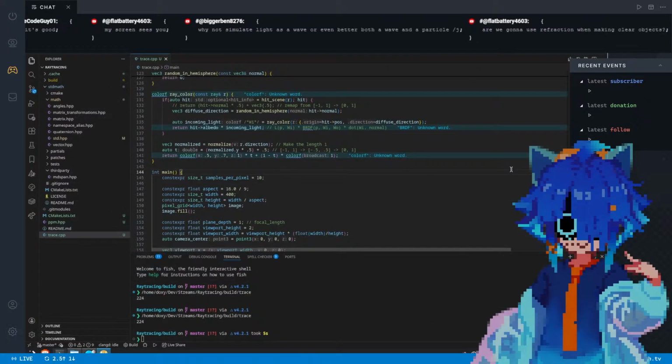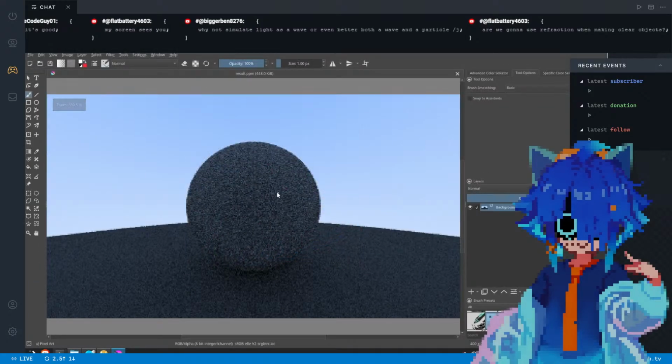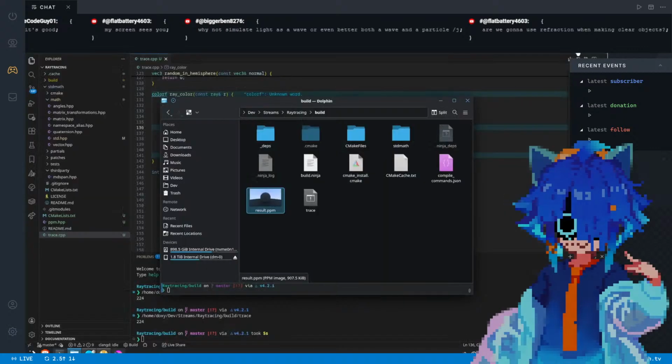So we're now going to come back to this question of why are we not multiplying by the normal? Why does it look fine despite the fact that we're not multiplying by the normal? As you can see, where the light is hitting on the edges, the more grazing angles are starting to get subtly darker. So why is that?